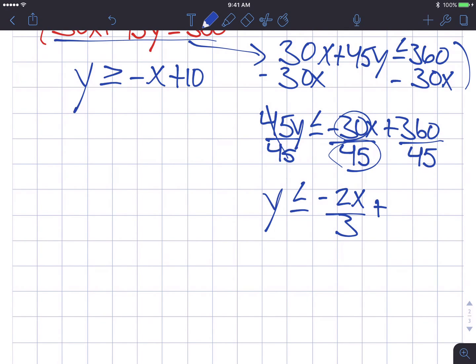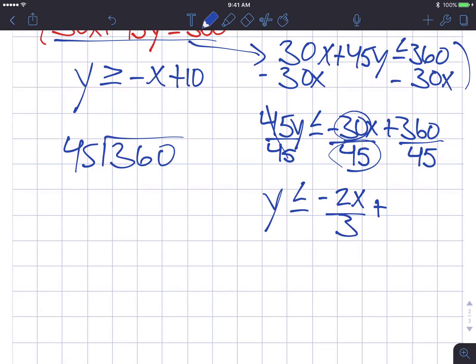360 divided by 45? I have no idea. 45, 360. Let's just take a guess. 45 times 2 is 90. I'm going to guess 4. No. I'm going to guess 5. 90, 180.